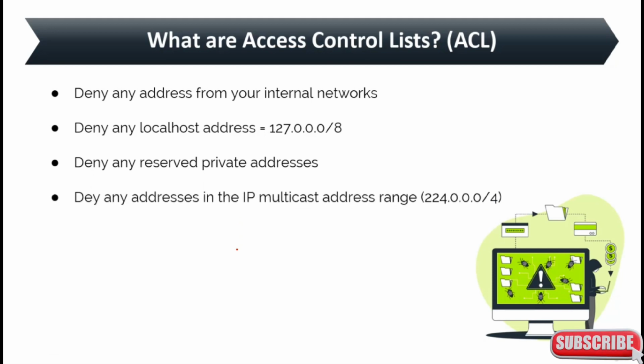Deny any addresses in the IP multicast address range, that is 224.0.0.0/4. None of these addresses should ever be allowed into your network. Interestingly enough, because of the way in which public IP addresses are issued, with some research you can even create a filter that blocks a country, a state, or even a local area based on the IP addresses.